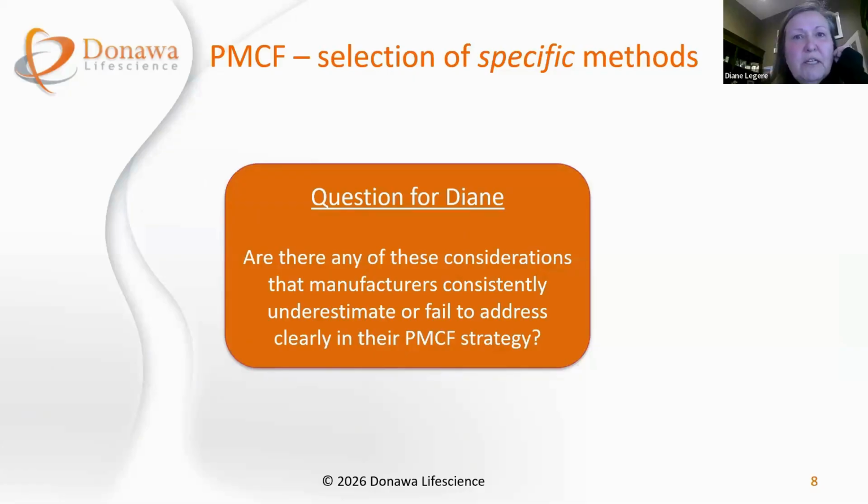So I'm going to say generally, I should be able to read your clinical evaluation and your risk management and clearly be able to draw a line over to what your PMCF activities are, the specific ones and the general ones, as you said, everybody has to do. It should be easy for me to see why you planned for that specific question and methodology.